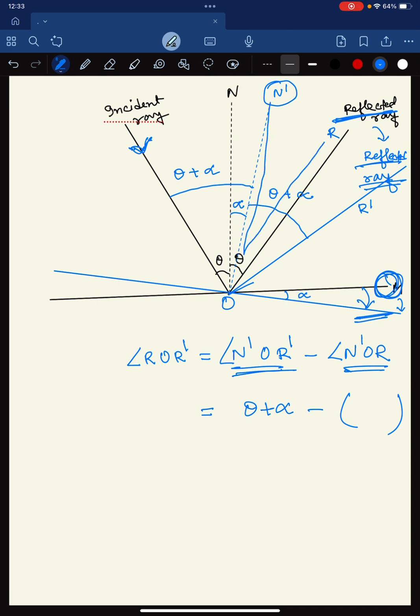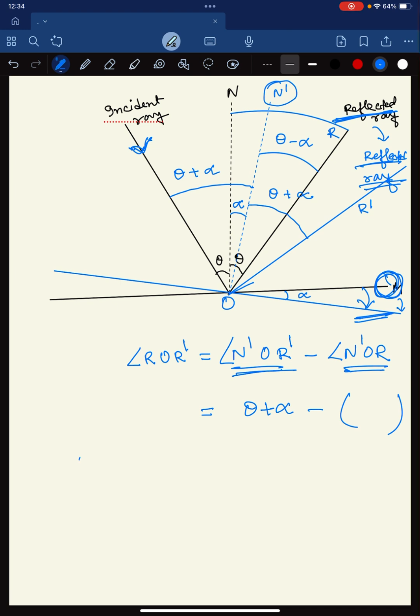This angle n dash O R will be nothing but theta minus alpha, simply because this angle N O R is theta, and N O N dash is nothing but alpha, right?